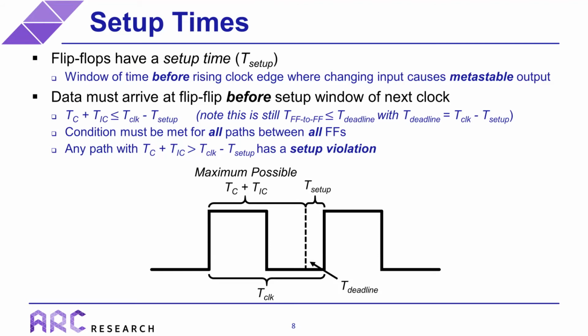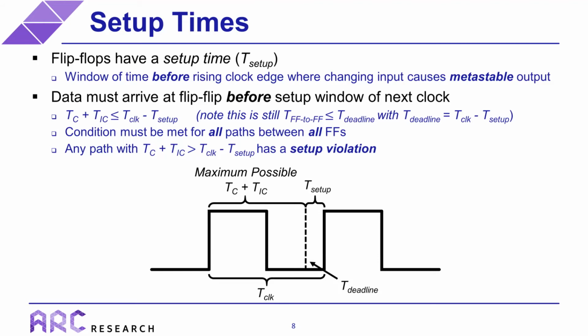Notice that this still fits our original goal definition of making sure that the delay between flip-flops is less than or equal to the deadline, but the difference now is that we redefined the deadline to subtract the setup time from the clock period. So these equations will continue to get more complex and to include more variables, but keep in mind, our goal will always be the same.